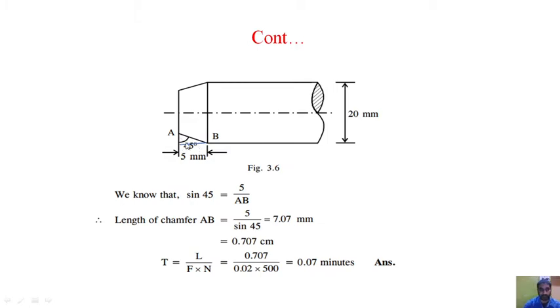This length BC is always less than the length AB, because AB is the hypotenuse here. So we need to find out the tool movement, that is AB. So the length of the workpiece covered will be AB here, not BC. So the length AB is given by the hypotenuse.